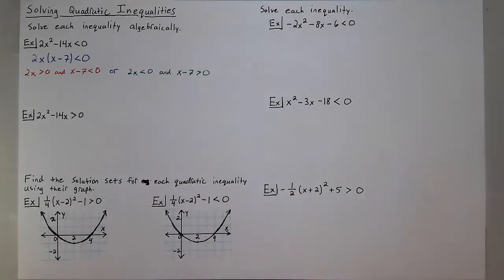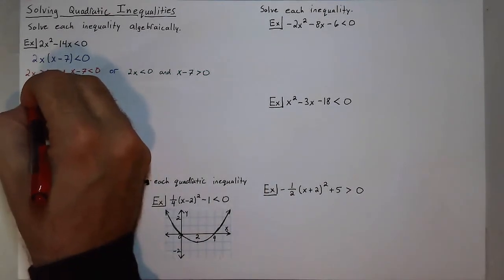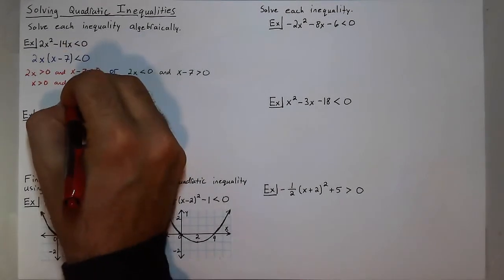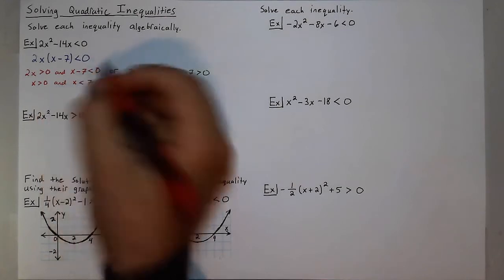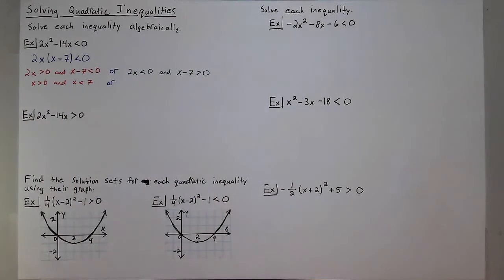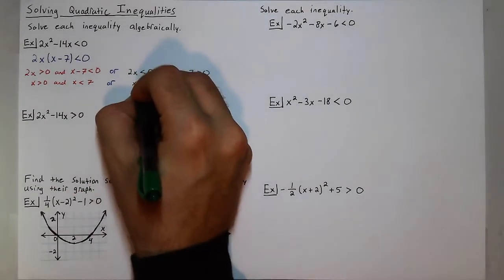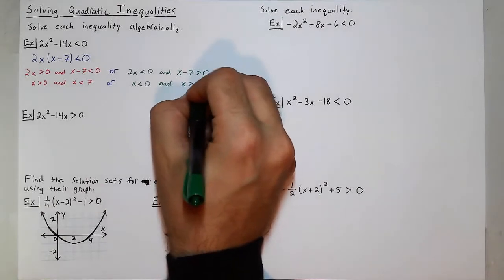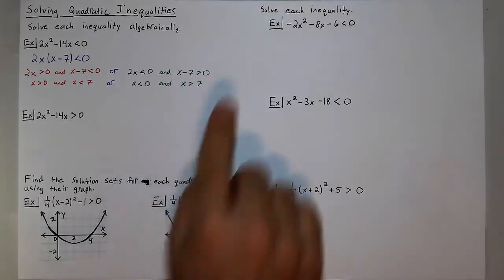Now we can solve both of these. We'll start with the one on the left. We'll get x is greater than 0 and x is less than 7. Or on the right, we'll have x is less than 0 and x is greater than 7. Now on the right, this one is impossible.